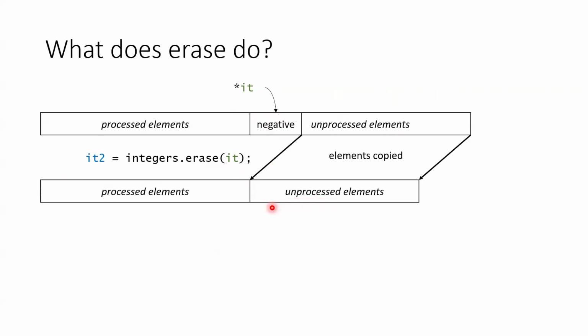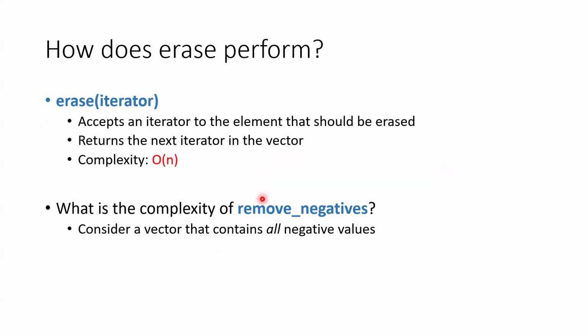And because the array is contiguous, we'll have to copy every element after that. Then we will return the iterator to the next element. So that is O(n) complexity because we're doing the one by one copying.